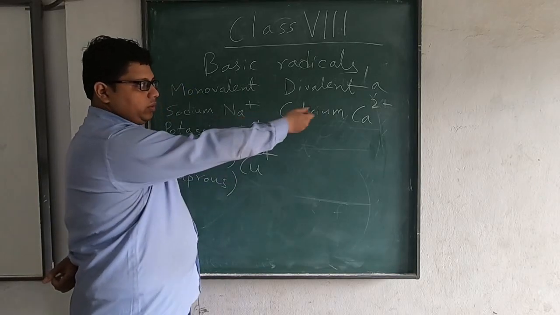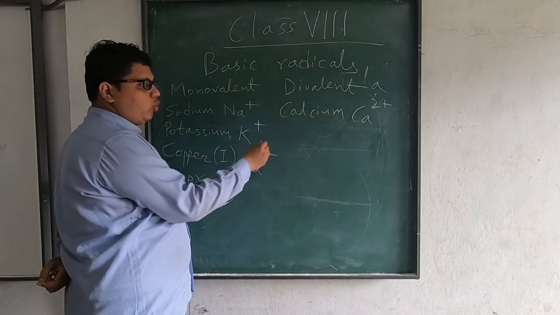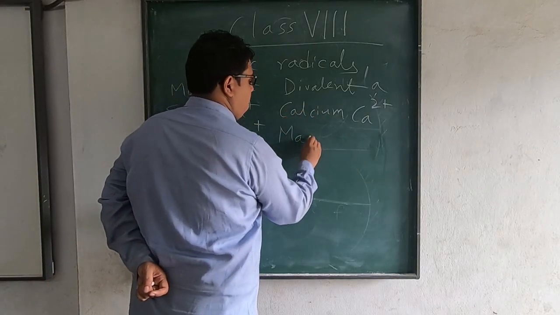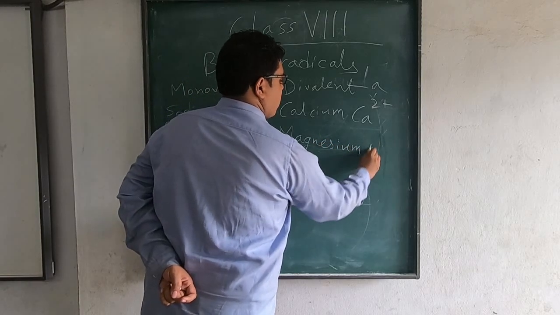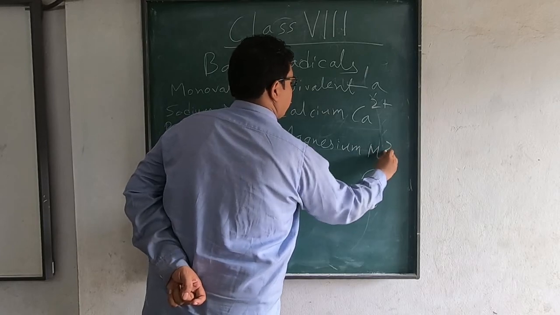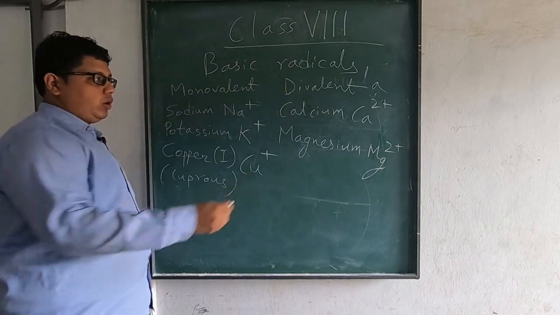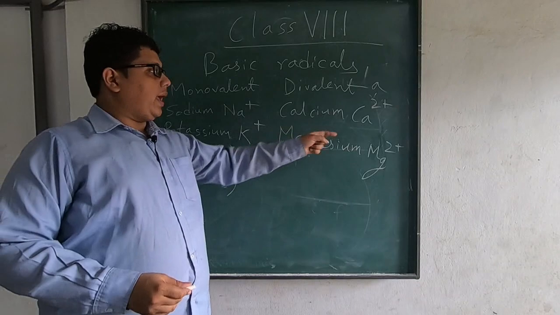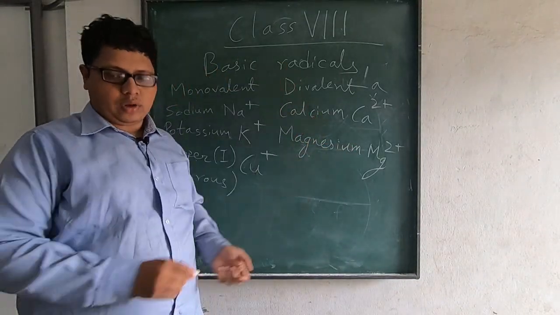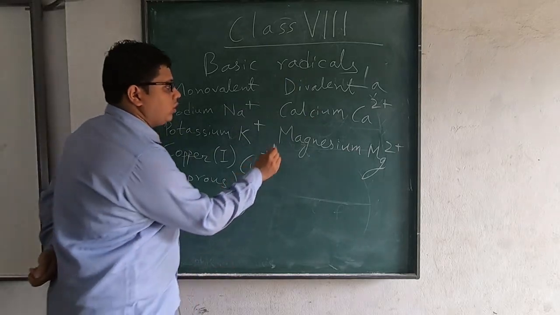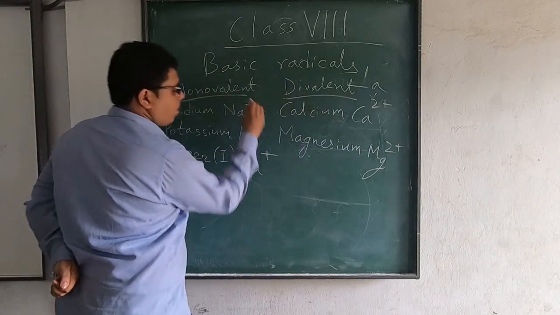Then in example of divalent, we can say more like magnesium, Mg2 plus, and so on. Anything having 2 and positive is 2 plus, so it's divalent, and these are all basic radicals, okay? You will have trivalent also. Let me just give you an example here.